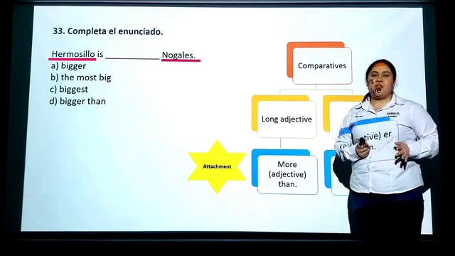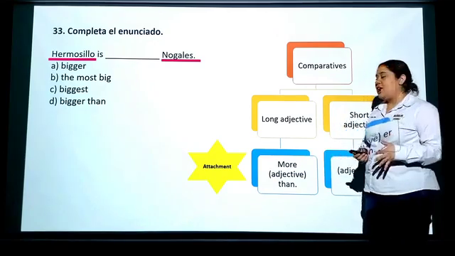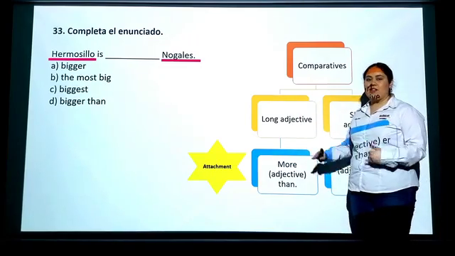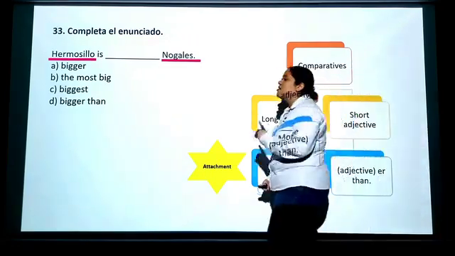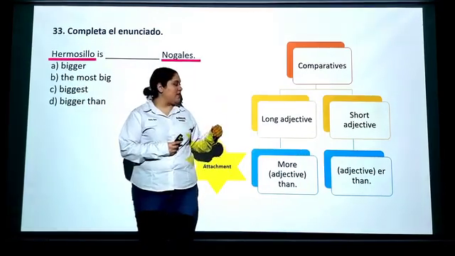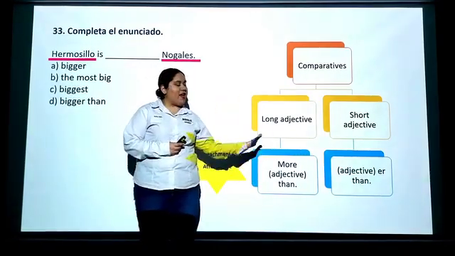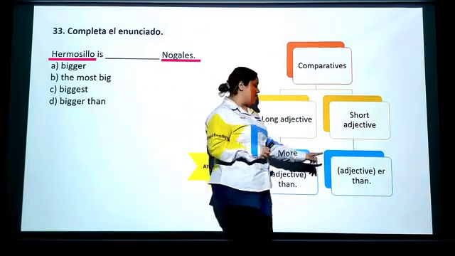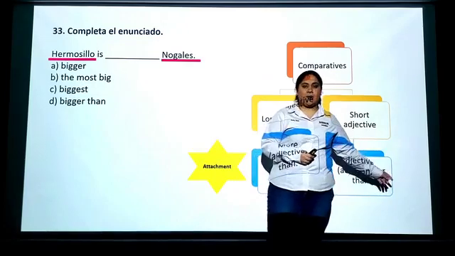Those are going to be used according to the adjective. If the adjective is long, we're going to say more than, right? Then, if the adjective is short, we're going to say blah, blah, blah, than. What does it mean? Well, the adjective is going to finish with er.